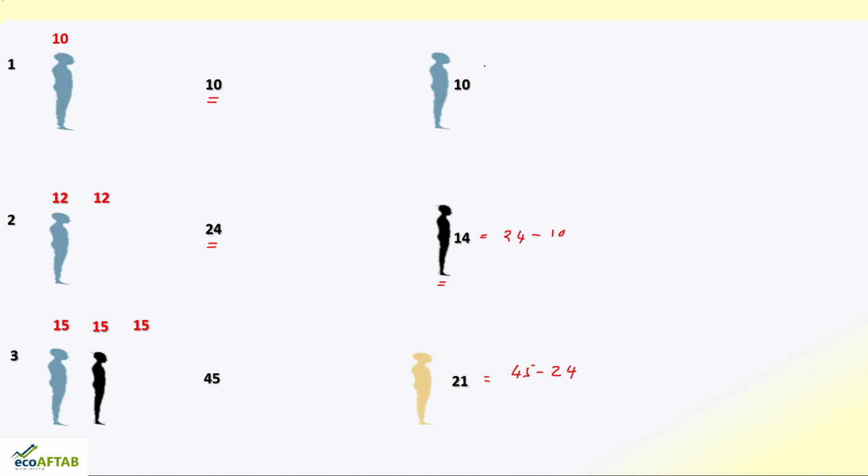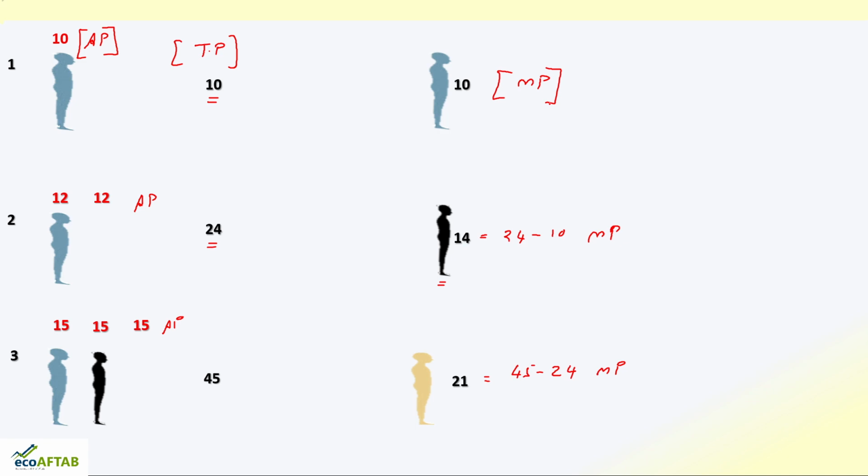So this is our total product, this is our average product, and lastly this is our marginal product. So the three important concepts that we need to know in production are total productivity of the laborer, average productivity, and marginal productivity. Hope the concepts are clear.